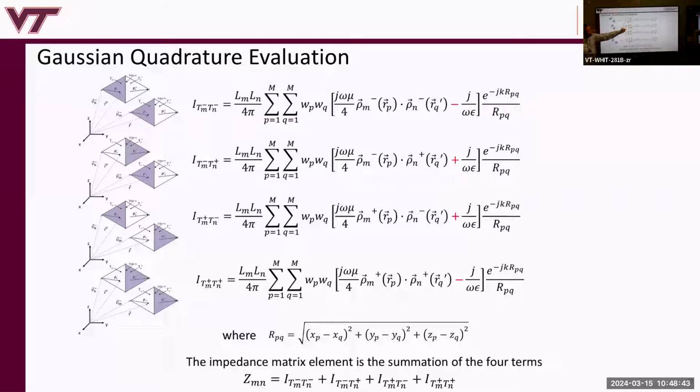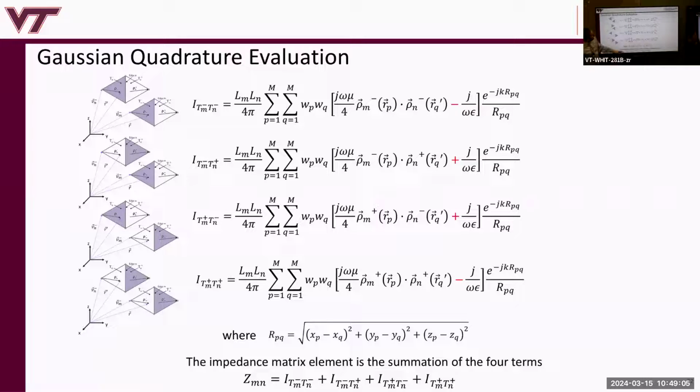We have to sum over the source and the observation because it's integration over Tn and Tm. Q here is going to represent the Gaussian quadrature point index for the source, and P represents the Gaussian quadrature point index for the observation.